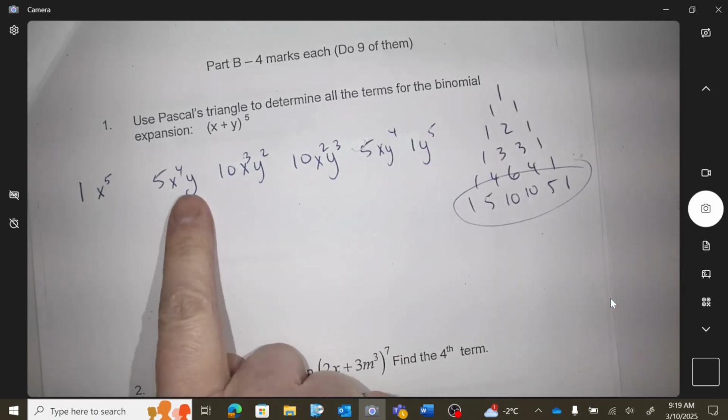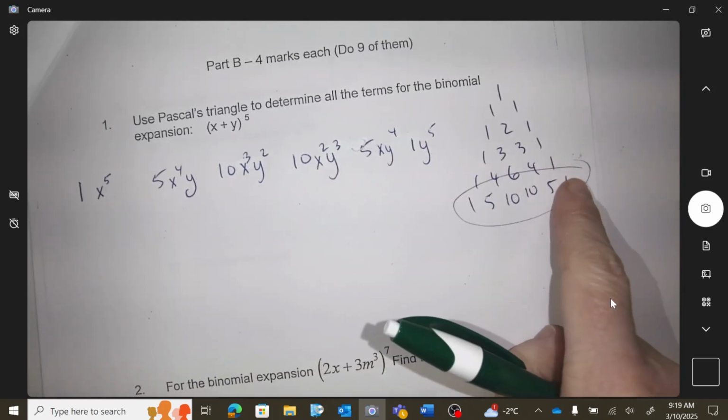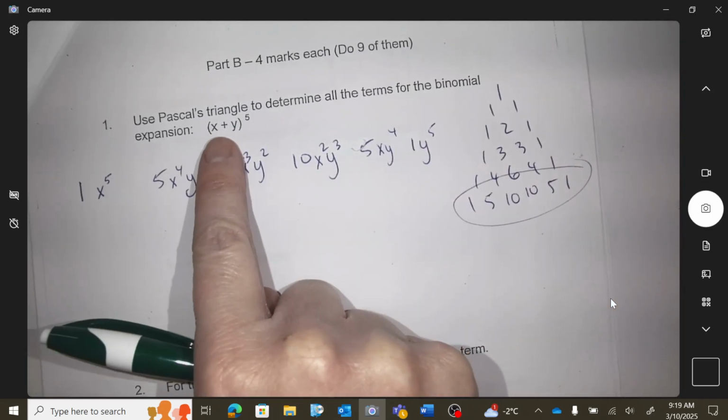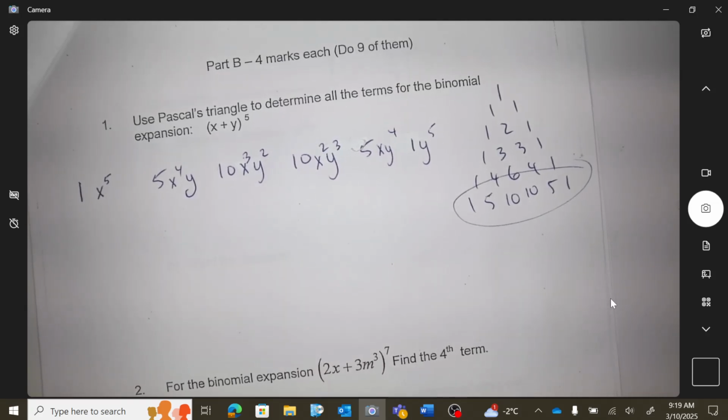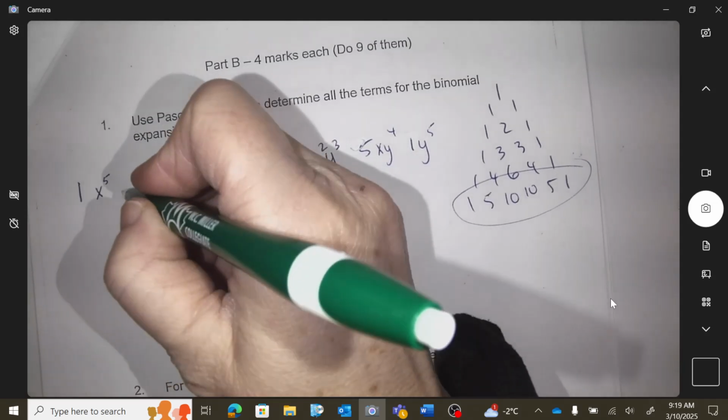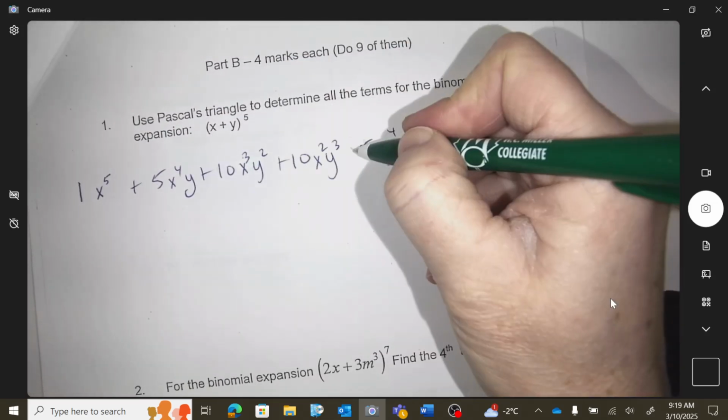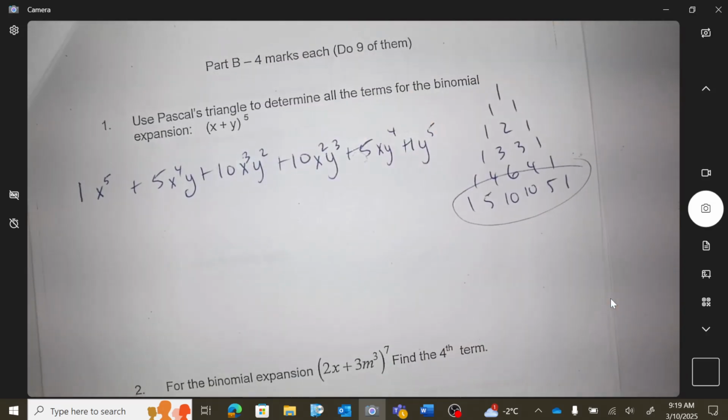Make sure the exponents always add to 5, because there's no other exponents, so it's just going to be straightforward like that. And what do I need for pluses and minuses? Well, they would all just be plus because there's no negative signs.